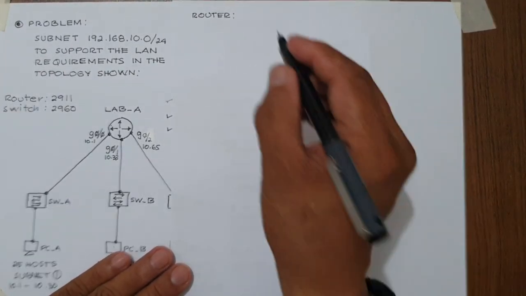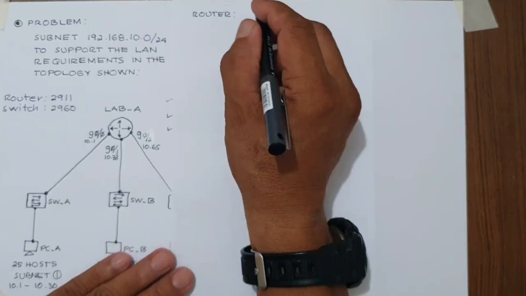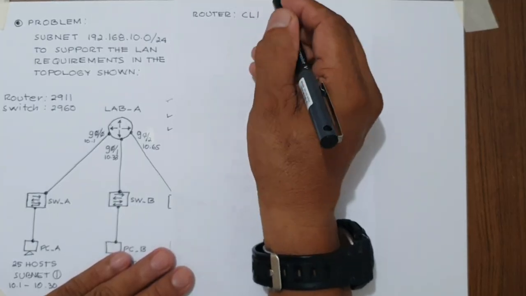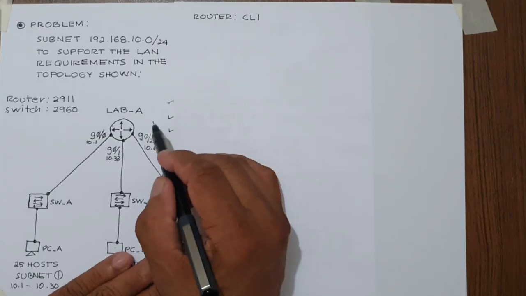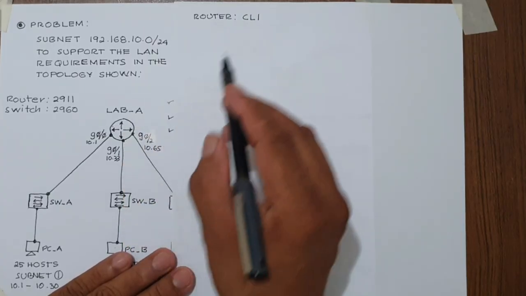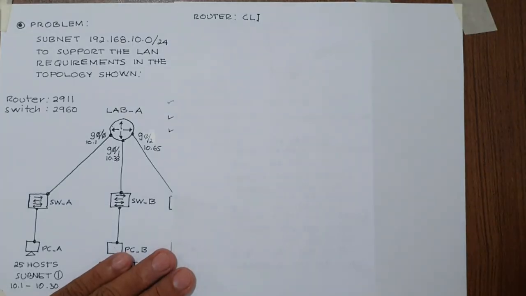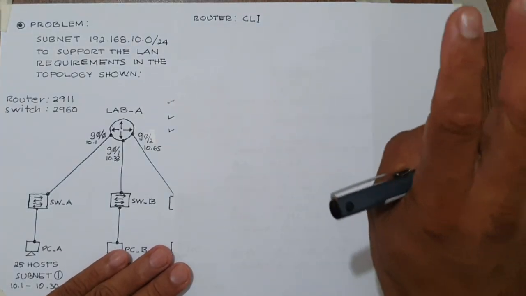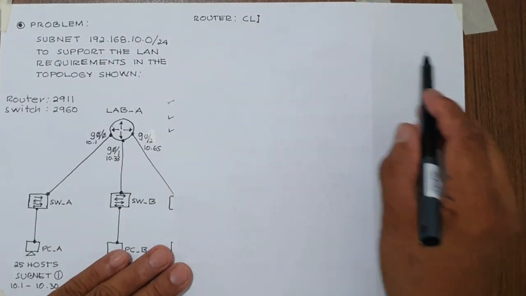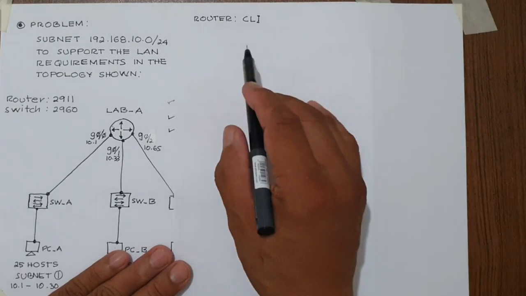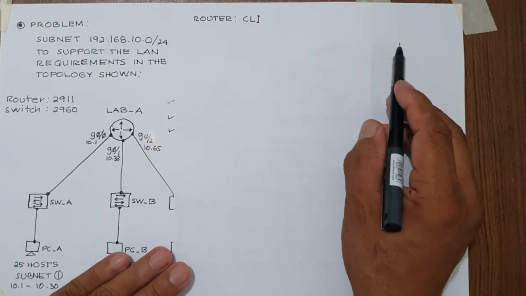If we use the terminal or the command line interface, say we connect a computer here to its console, then we open the CLI or the terminal software. Then as we press enter, there will be a question which says, do you want to continue with the initial dialog setup?